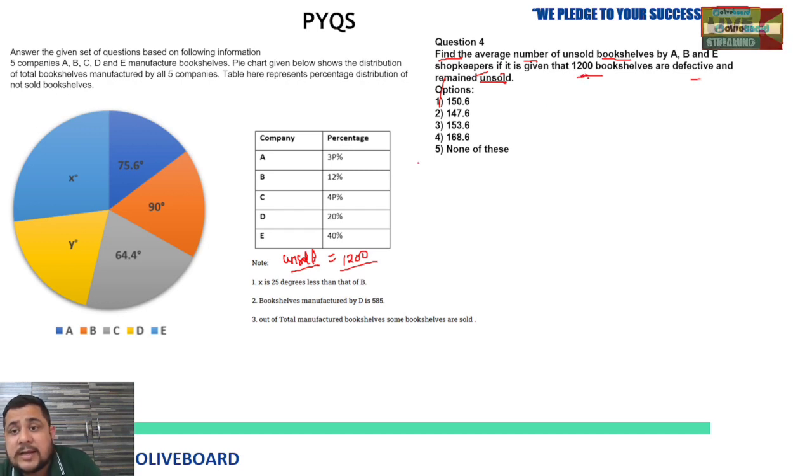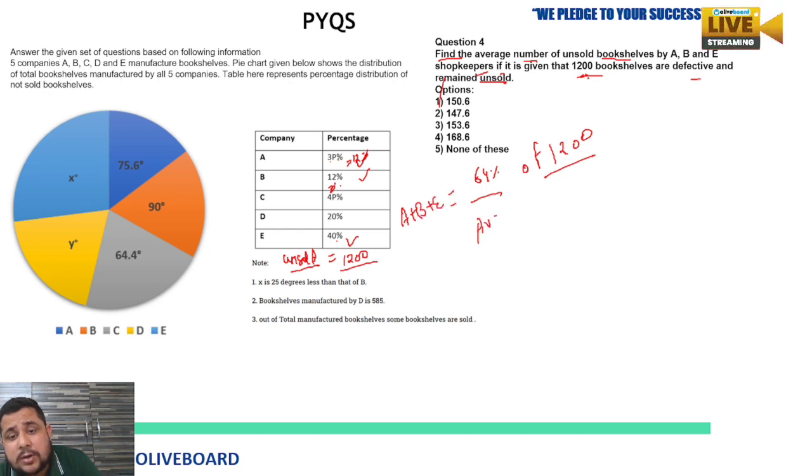Now they are asking about A, B, and E. So A is 12%. B is 12%. 12 plus 12 means how much? 24. And E is what? 40. So total 64%. Their sum is 64% of 1200. If I talk about A plus B plus E, because average is what? Sum of the values divided by number of values.